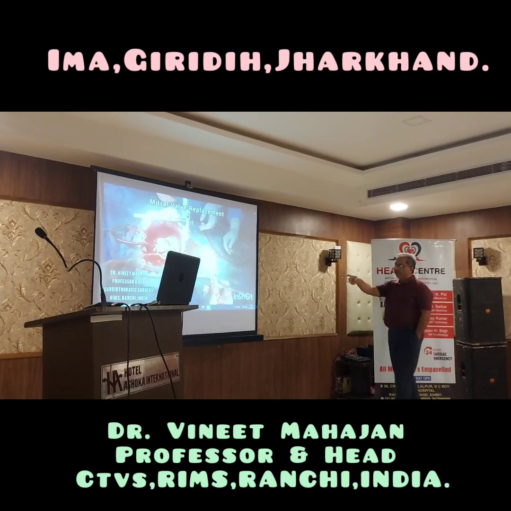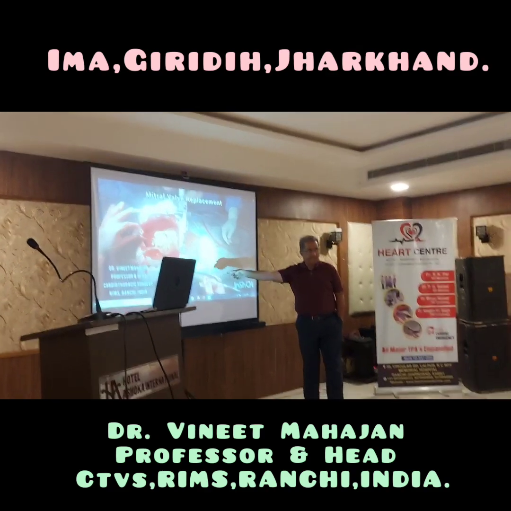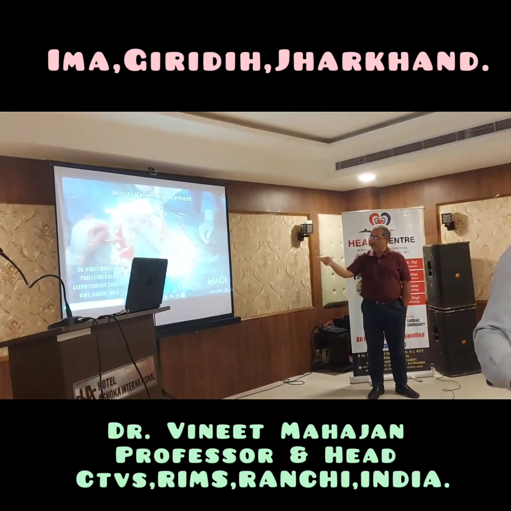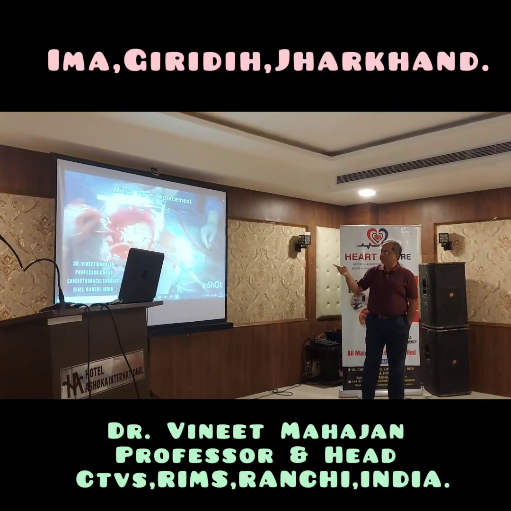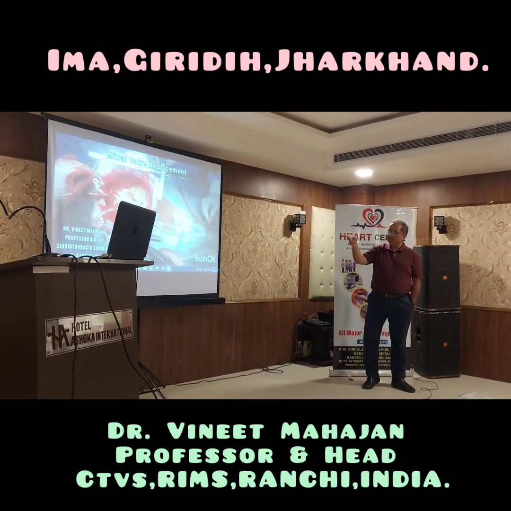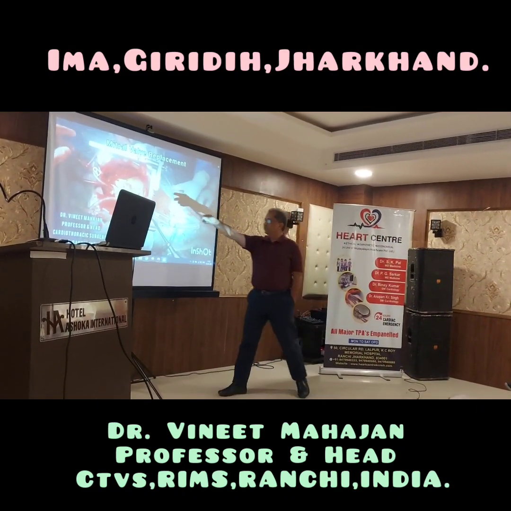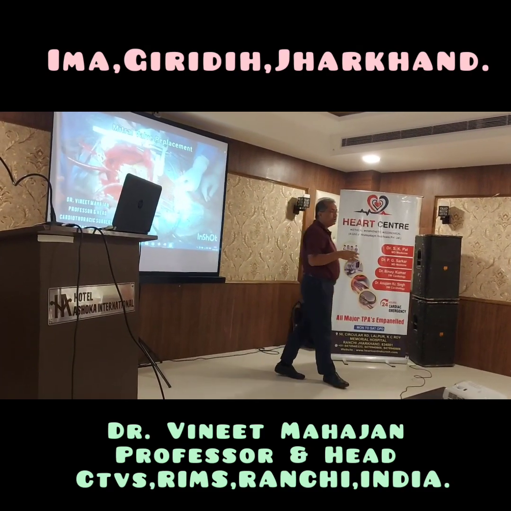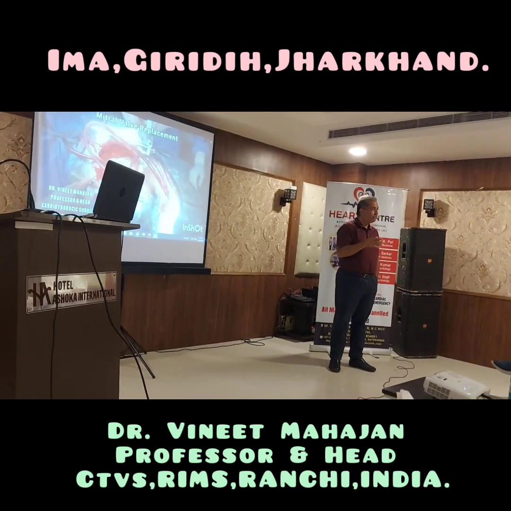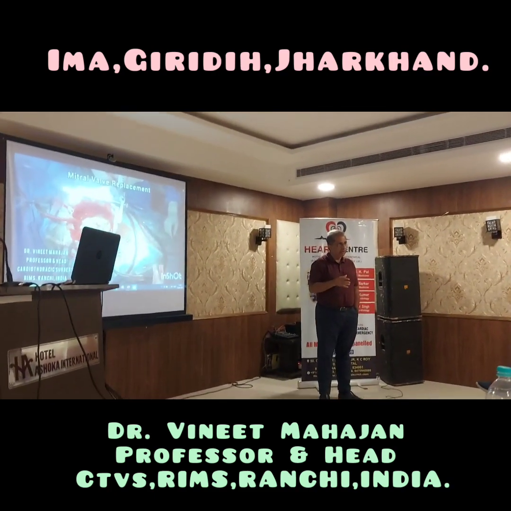And these are the two venous cannulas, one in the IVC and one in the SVC. So the blood is drained by these two venous cannulas, goes to the heart-lung machine, which I will show you. It gets oxygenated there and is pumped back into the body by this aortic cannula, which is known as cardiopulmonary bypass.